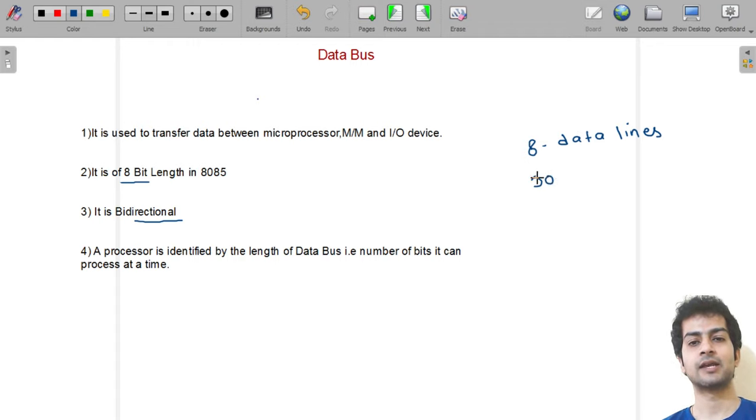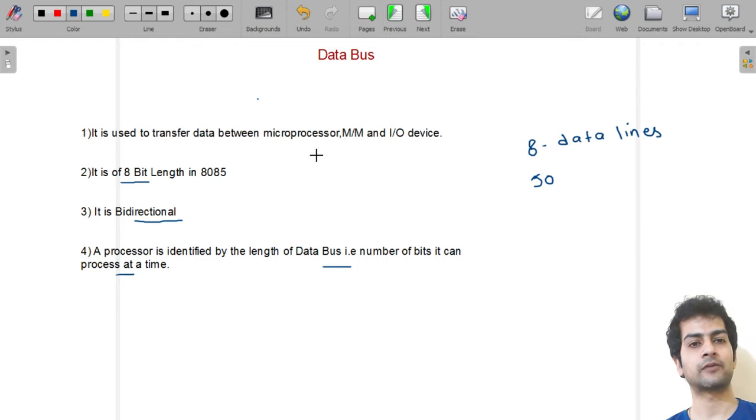That's why it is known as a 50-bit microprocessor. So I think this part is clear. The data bus is bidirectional because at one instant it acts like an address bus and in the second instant it acts like a data bus. And in 8085 there are a total of 8 data lines, which is why we call it an 8-bit microprocessor.